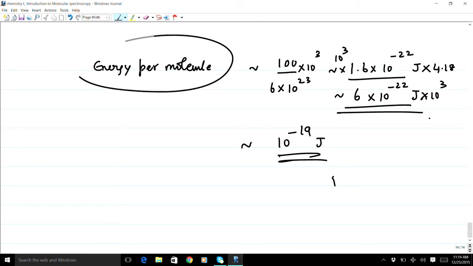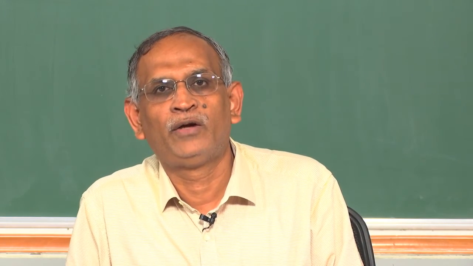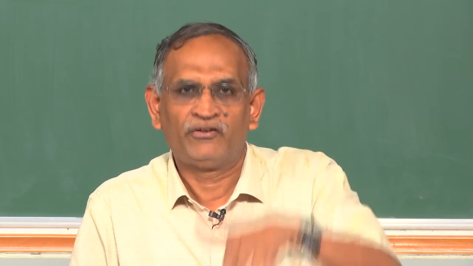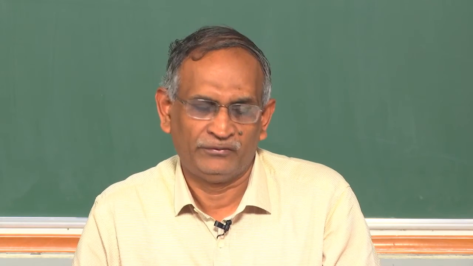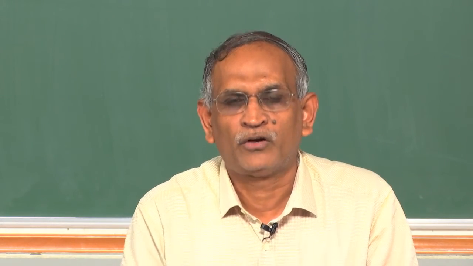This is the energy per molecule due to the bond. That is the energy you have to provide if you want the molecular vibrations or molecular energies to lead to bond breaking or excitation between different vibrational energies; it should be a fraction of this. Okay. Now, what does this correspond to in terms of the spectroscopic energies?